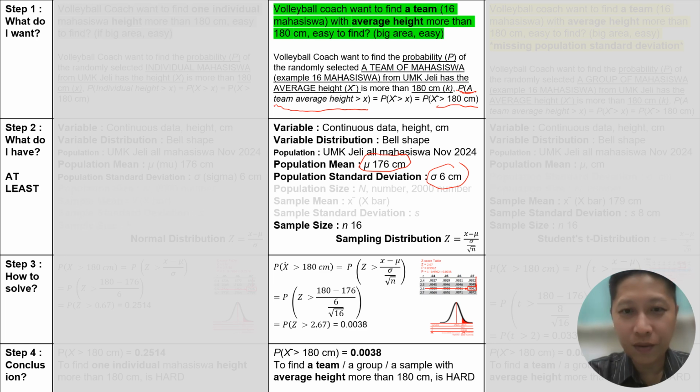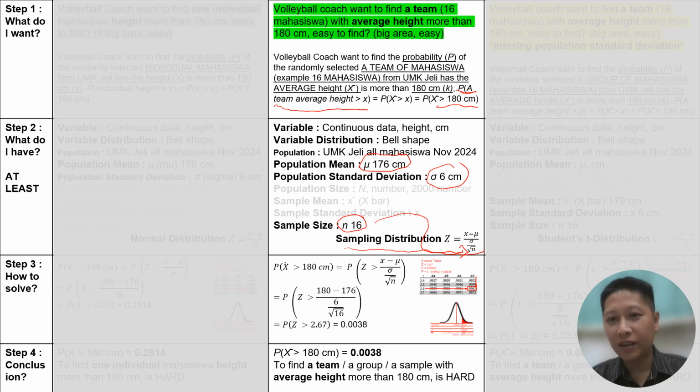And we have the sample size, that is the team, a total of 16 students. When we are working from a sample, we use the sampling distribution formula. It's quite similar to the normal distribution formula, but now we need to include the sample size into the formula.